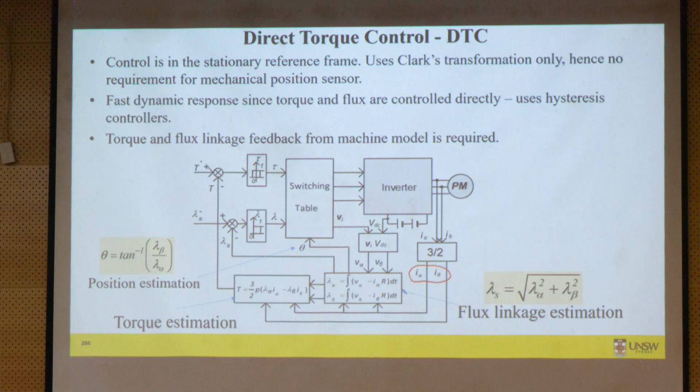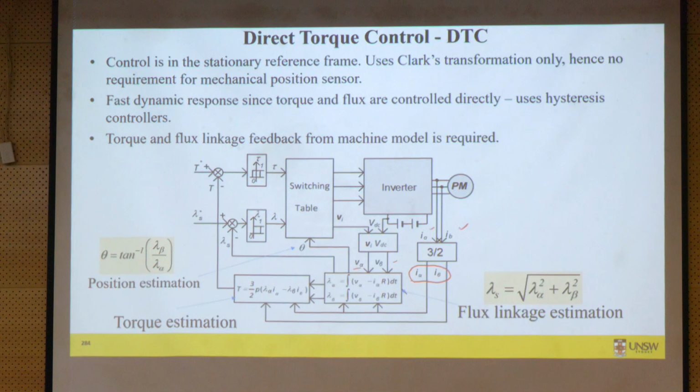We may also need the information about voltage here, because we want to calculate the flux linkages for DTC. Sometimes they use a DC bus voltage sensor. So you will have some current sensor to get your current information, and you may have a DC bus sensor for DTC, and using that DC bus information you can calculate V alpha and V beta.